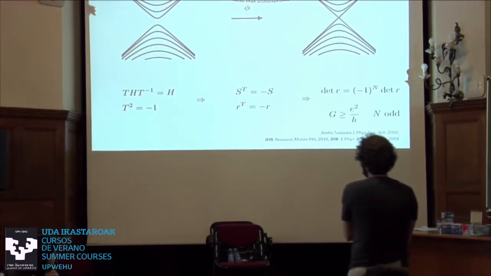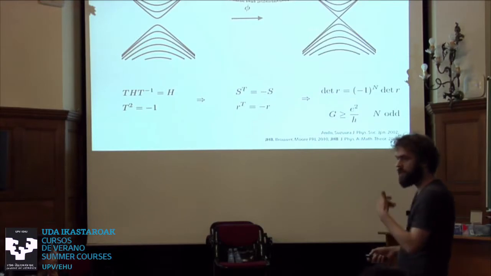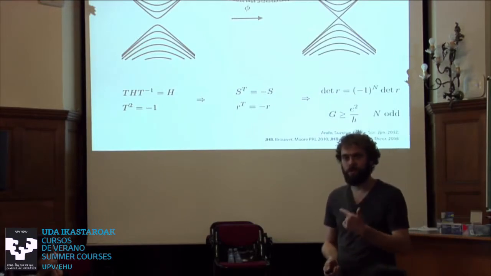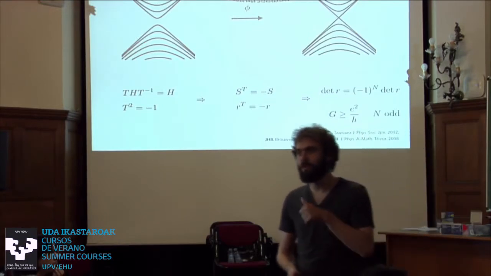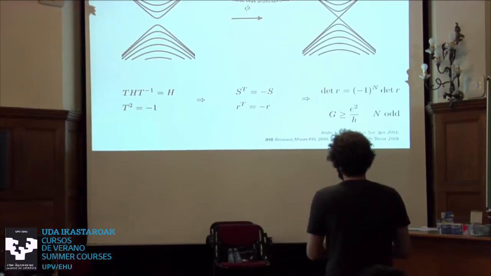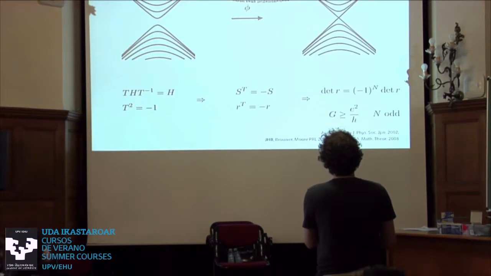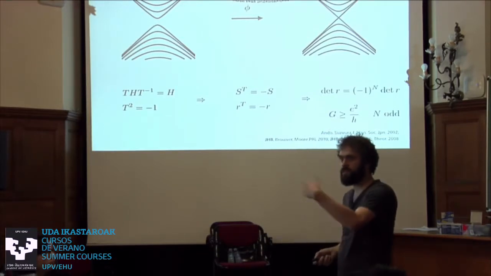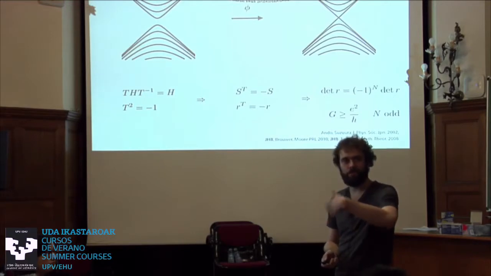If the determinant of R is 0, there is at least one eigenvalue of R which is 0, which means that there is at least one eigenvalue of the transmission matrix which is 1. That tells us that conductance in this case has to be at least e squared over h, because each transmission eigenvalue gives conductance.